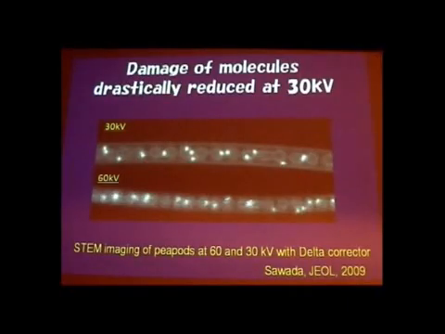So for a light element like carbon, you cannot use a high voltage microscope. And also, if you have a higher voltage, you increase the electron beam radiation damage. So for certain applications, we need a lower accelerating voltage microscope.